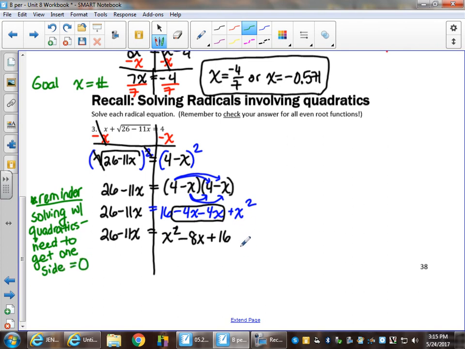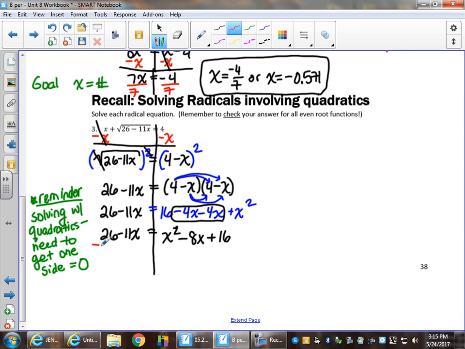So as a reminder, when we're solving quadratics, we need to get one side equal to 0. Looking at each of these sides, technically I can move all of this to the left, but my priority is always to make sure that x squared stays positive. So I choose to move, using math, 26 and negative 11x, and I will do that in one step.